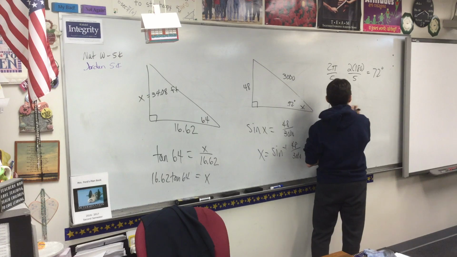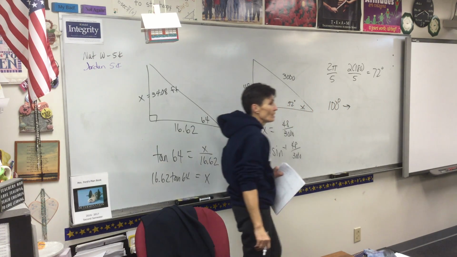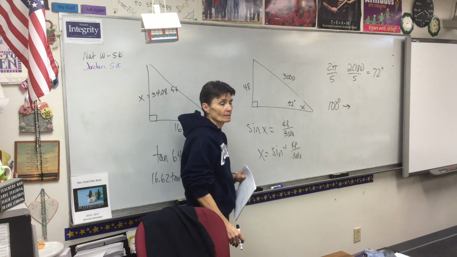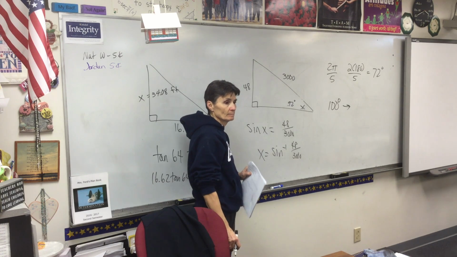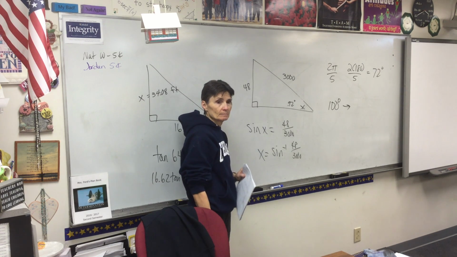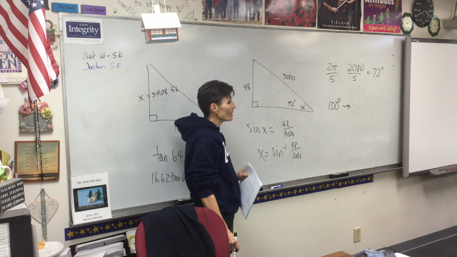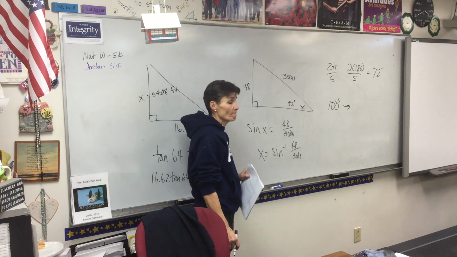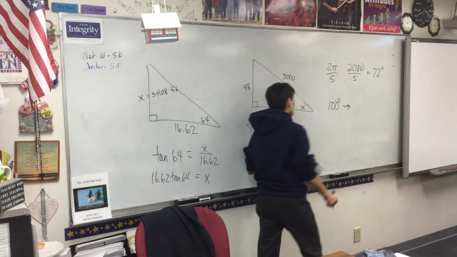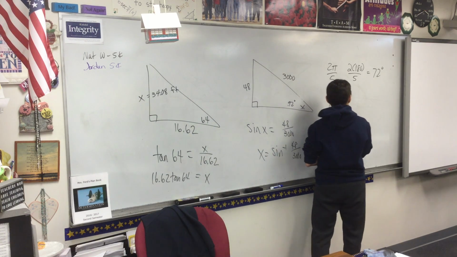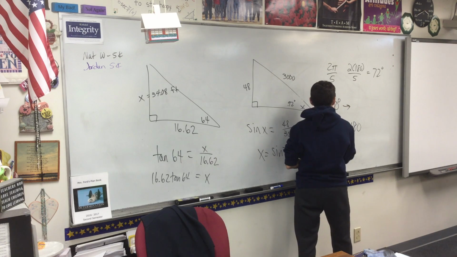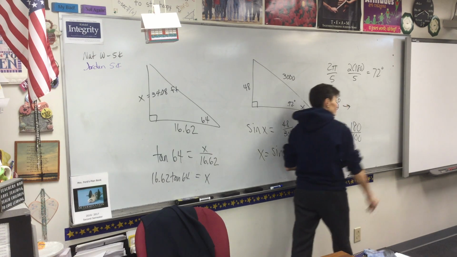All right, now we're going to change into radians. How do we change 100 degrees into radians? This is a no calculator problem. We start with pi equals 180, and then x equals 100.